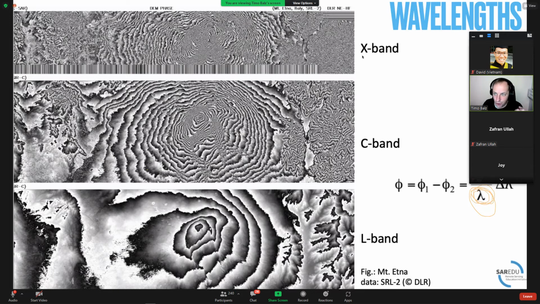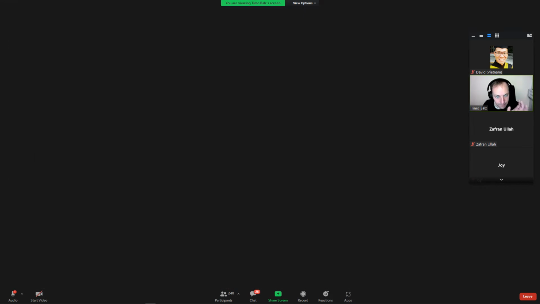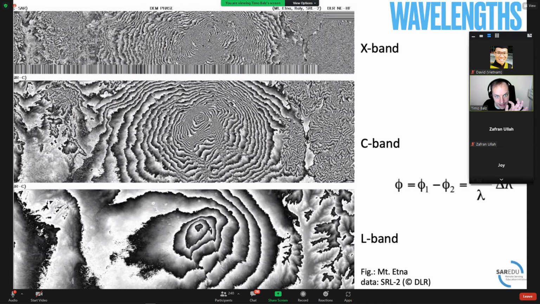If you have a very short wavelength like X band with 3 centimeters, these iso lines, whatever you think of them, are very dense, very close together. And in L band, they would be farther away from each other. Again, we had that question on which one gives us more accuracy.